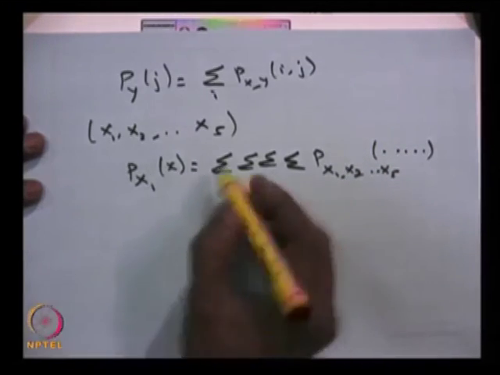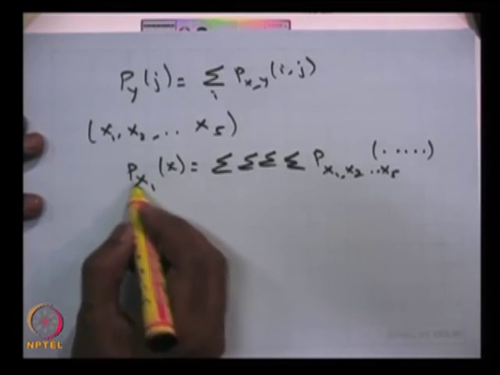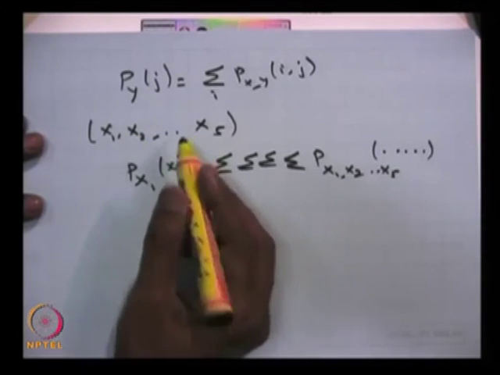By summing it over the other random variables, you will get the marginal distribution of the random variable x1. Similarly, you can get the marginal distribution of x2 or any other random variable.